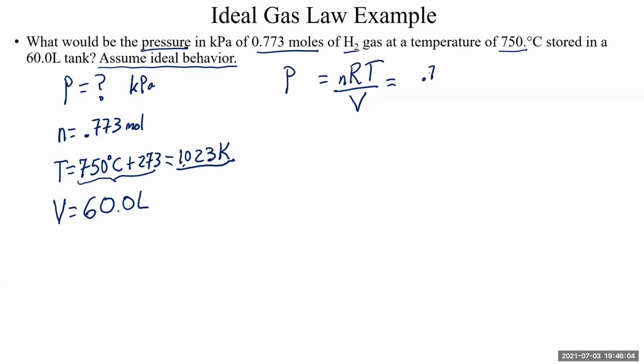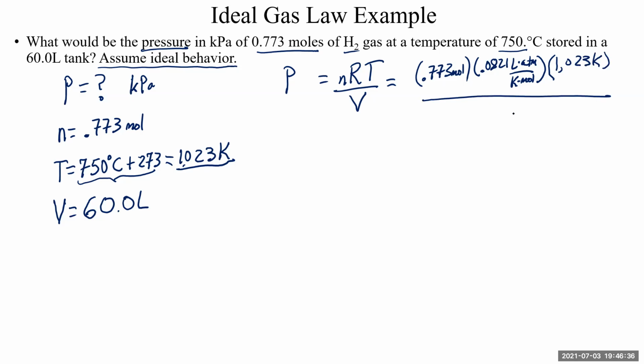So our moles are 0.773 moles. Our R value, as always, is 0.0821 liters atmospheres per kelvin mole, multiplied by temperature, which was 1023 kelvins. Divide all of that by 60 liters.